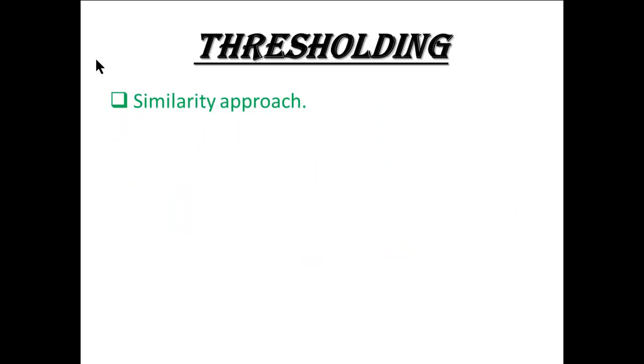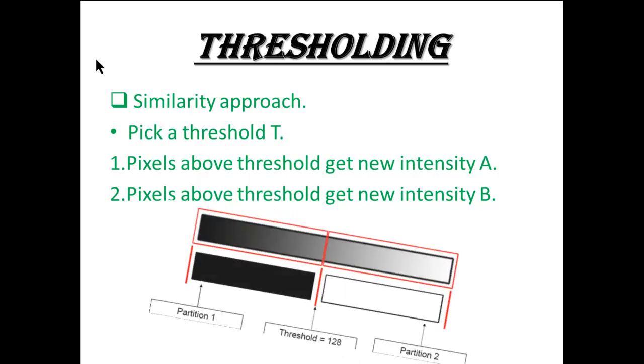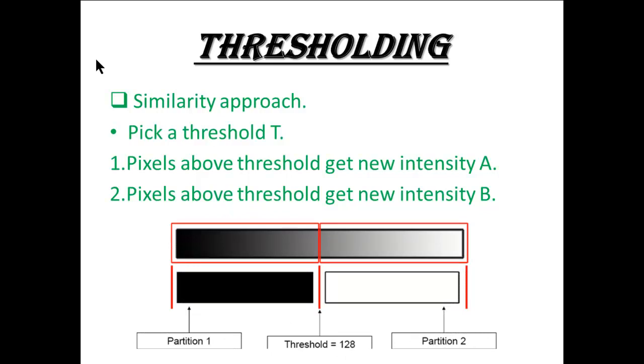Similarity approach. Pick a threshold T. Pixels above the threshold get new intensity A. Pixels below the threshold get new intensity B. It is a sort of example in which the strip is a full image and a threshold is set at just a bit of this strip.